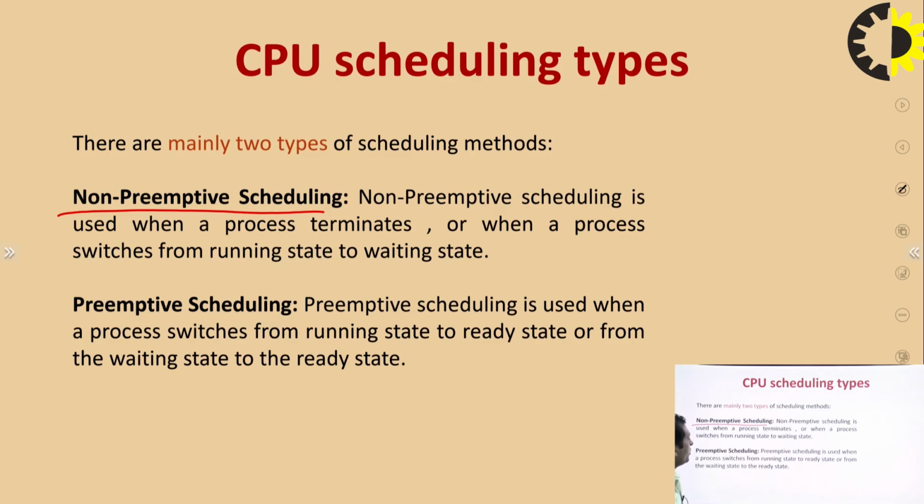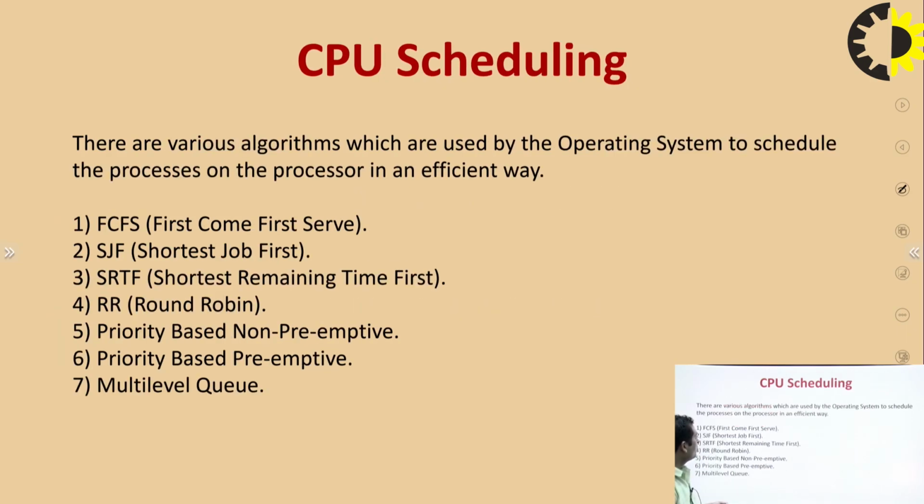And preemptive scheduling is used when a process switches from running to ready state or from waiting state to ready state. When the process doesn't stop in between during execution, it is known as non-preemptive, and when it stops the process in between in the running state, that is known as preemptive scheduling.